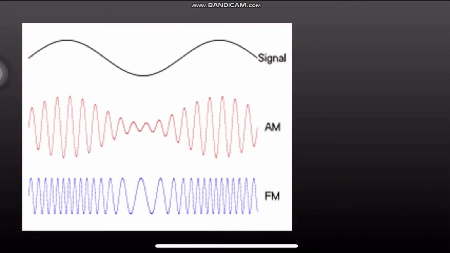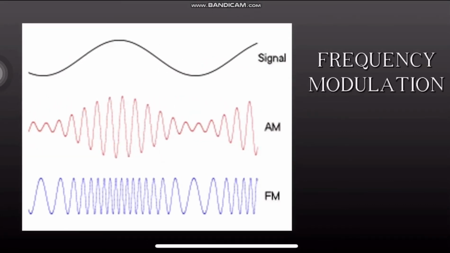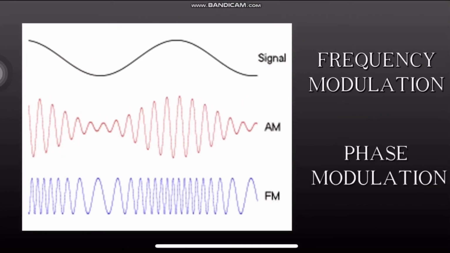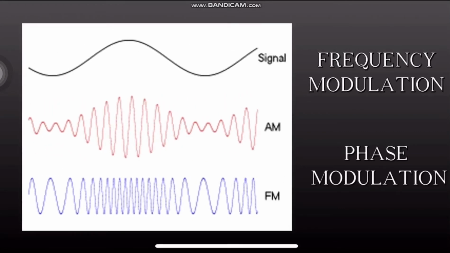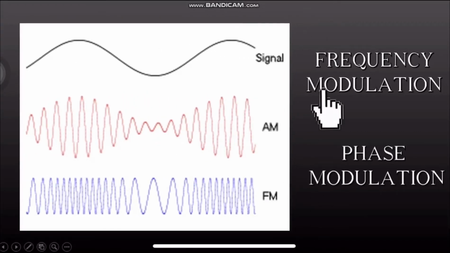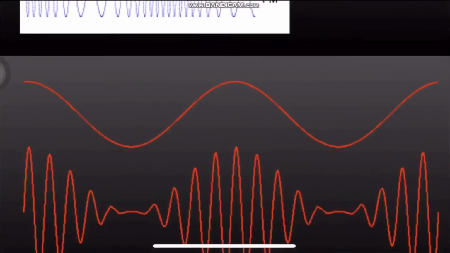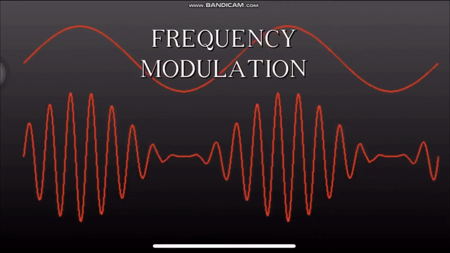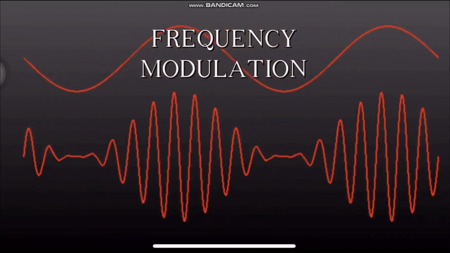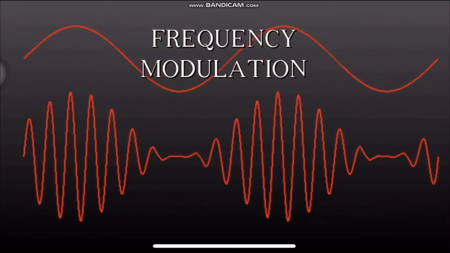Angular modulation is further divided into frequency modulation and phase modulation. Frequency modulation is the encoding of information in a carrier wave by varying the instantaneous frequency of the wave.